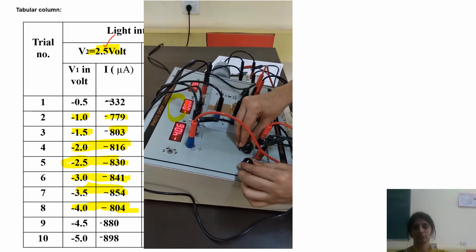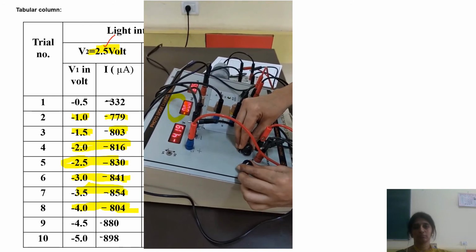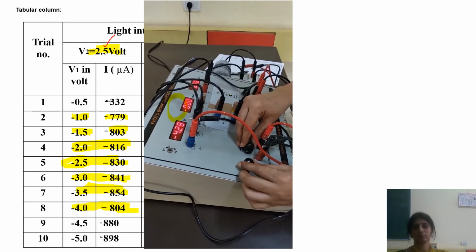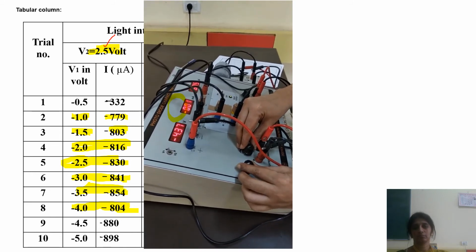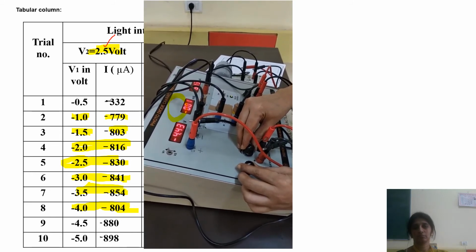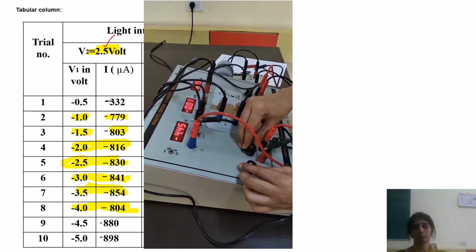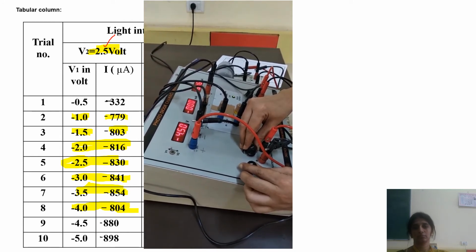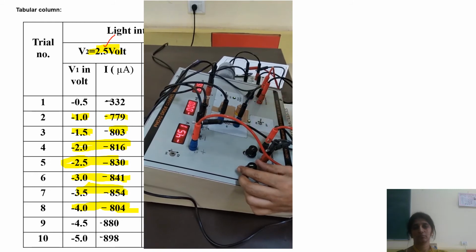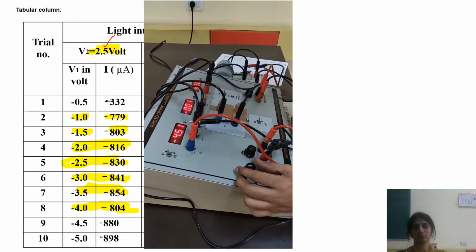Next, bring it to 4.5. For 4.5, it is 880.